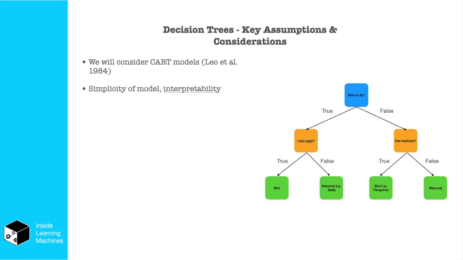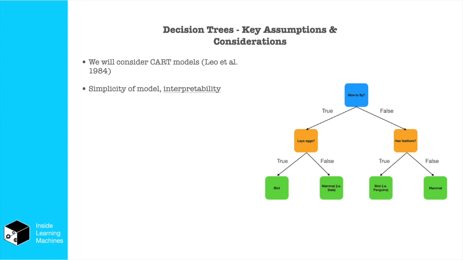Now, one of the key strengths of decision trees is their simplicity. And in turn, this enables us to interpret these models fairly well. If we consider the case that we just looked at, we built a decision tree that was able to classify animals as being either mammals or birds.